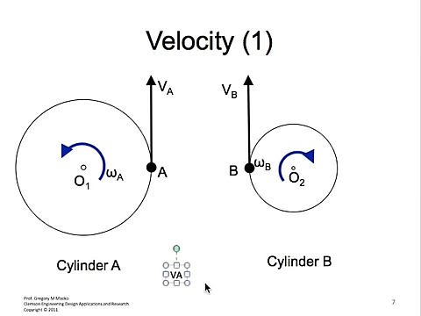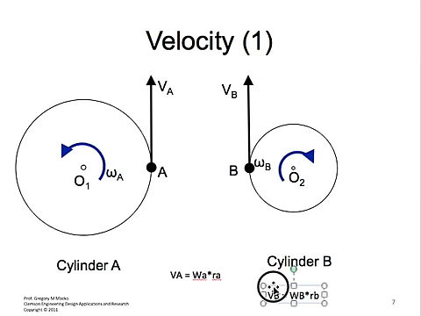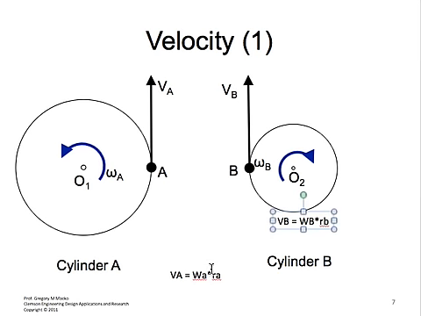The velocity of point A is equal to omega A times R A. And we also know that the velocity of B is equal to omega B times R B.